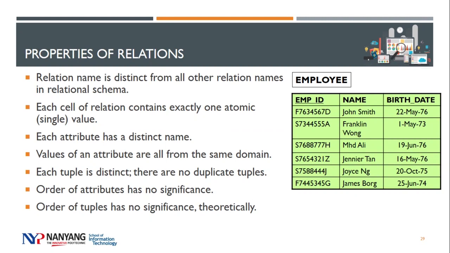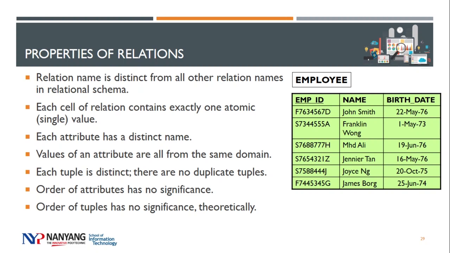So the properties of relations. To illustrate the meaning of these properties, referring to the employee relation in the earlier slide, the name of the relation is employee, and it should be unique within a relational database.